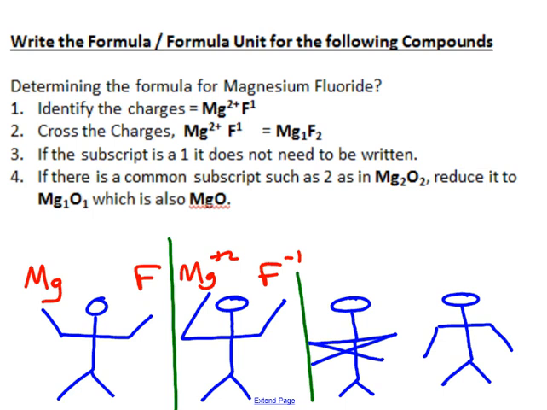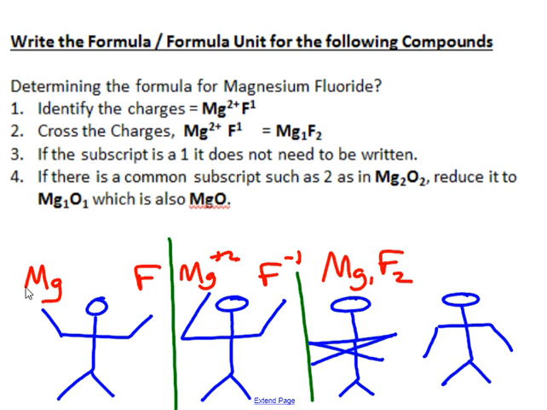Step 3, the crisscross. In the crisscross, we take just the numbers and write them down and towards the other element. So, remembering we have Mg and F, we're going to take the 2 from the magnesium and write it down after the fluorine, and the 1 from the fluorine and write it down after the magnesium.